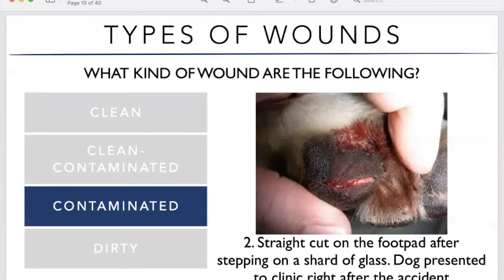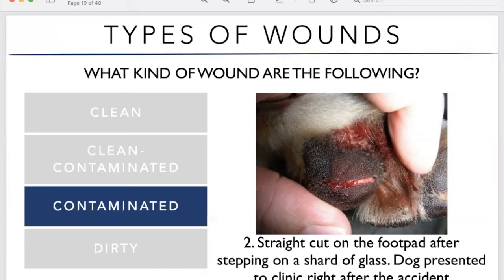Right, next. This is a straight cut on the footpad of a dog after stepping on a shard of glass, right? This dog was presented to the clinic right after the accident. So this is a contaminated wound because, yeah, I know this is where the benefit of a live Zoom would be in, but I lack that.